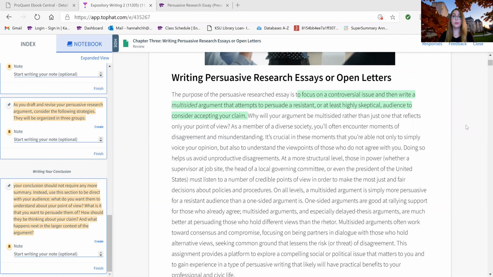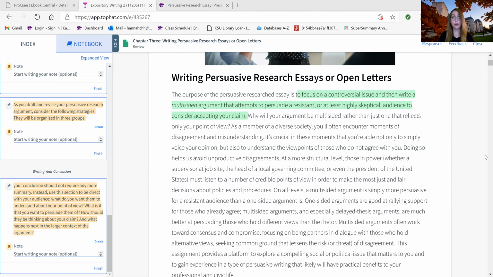In addition to choosing a controversial issue and taking a stance on that issue, you also need to choose an accompanying resistant or highly skeptical audience that you are going to attempt to appeal to. This resistant audience is going to have the opposite stance from which you believe in, and you are going to attempt to persuade them using common ground, meaning you're going to find sources and attempt to persuade them to believe your stance.